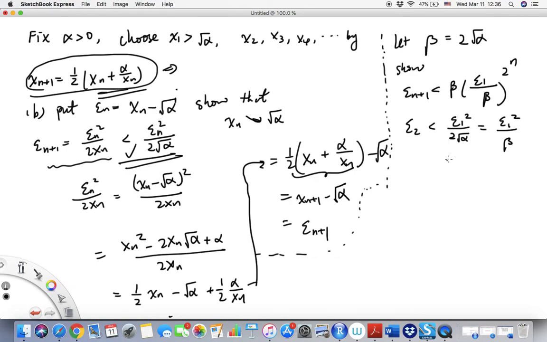All right, and then what do we do? Then we can prove by induction. So this is our base case. And then use induction.